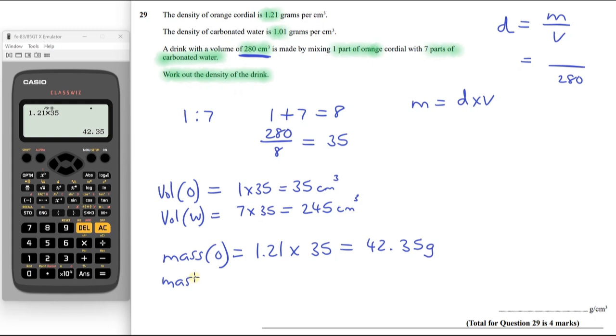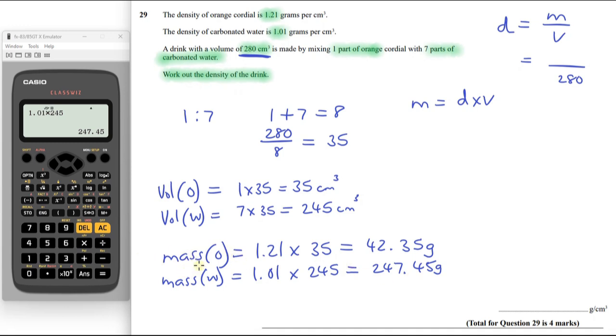And now let's do exactly the same for water. So the density of water was 1.01 times the volume of water, which we worked out was 245. So 1.01 times 245, and that gives us 247.45 grams.